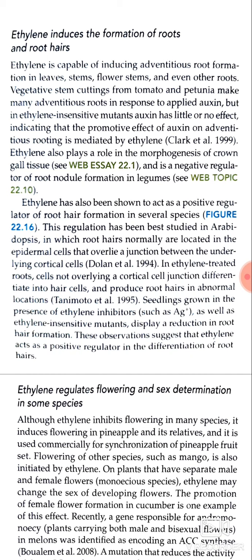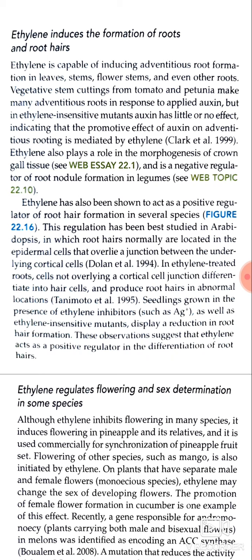This regulation has been best studied in Arabidopsis, in which root hairs normally are located in the epidermal cells that overlie a junction between the underlying cortical cells. In ethylene-treated roots, cells not overlying a cortical cell junction differentiate into hair cells and produce root hairs in abnormal locations.